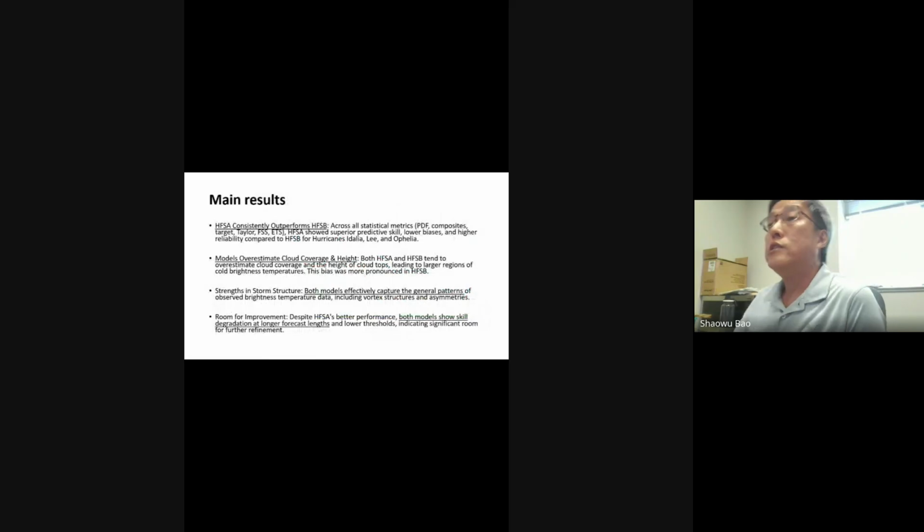So from all these verification methods, we can see the main conclusion is it seems HAFS A, which uses the DFDL microphysics, consistently outperforms HAFS B with the Thompson scheme. And this is consistent across all these verification methods. Another thing we can see is it seems both models overestimate cold cloud coverage and height.